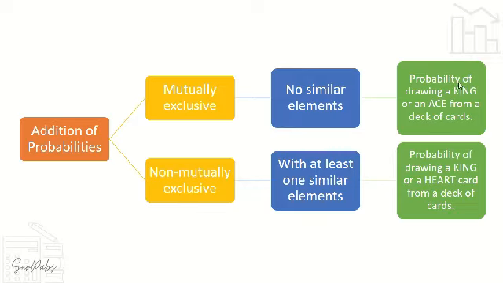So for example, probability of drawing a king and an ace from a deck of cards. So ano daw yung probability na pag bumunot ako ng baraha galing sa 52 cards from a certain deck, ang mabubunot ko ay king o kaya ace. So, ibig sabihin nun, separate entity yung apat na king at saka yung apat na ace. Walang magkamukha sa kanila. So, 8 lahat yung ating pwedeng piliin.